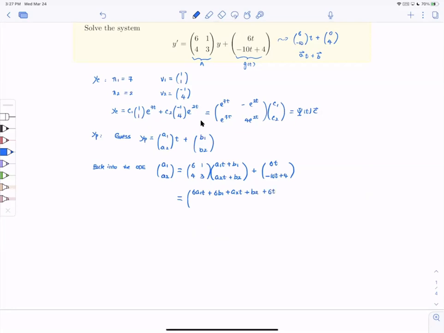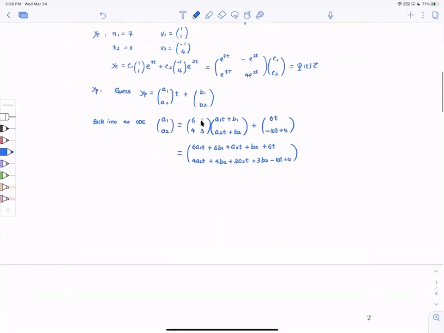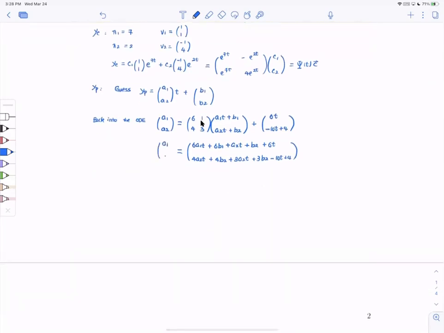And down here you have 4a1 t plus 4b1 plus 3a2 t plus 3b2, and then minus 10t plus 4. So this whole thing equals (a1, a2). Now you need to solve for this. Solving, I'm going to skip that because you just need to make those equal.